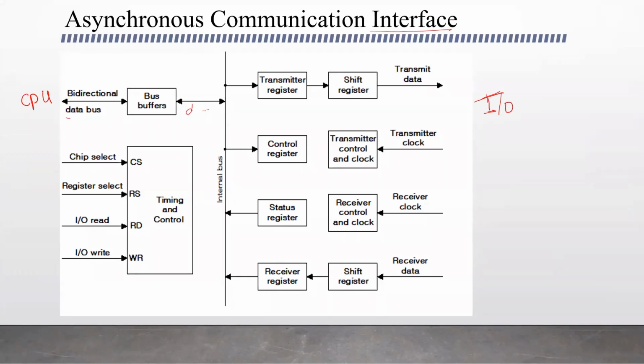So this data bus carries information from the bus buffers to the internal bus, or from the internal bus to the buffer, to transmit to other registers. So this is a bidirectional data bus, and this is the internal bus I mentioned, and here is the transmitter register.